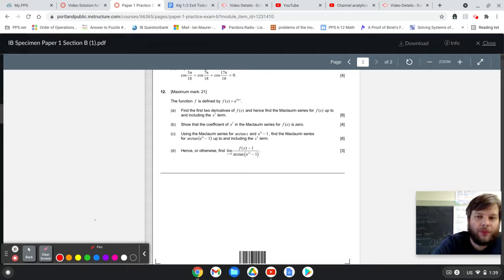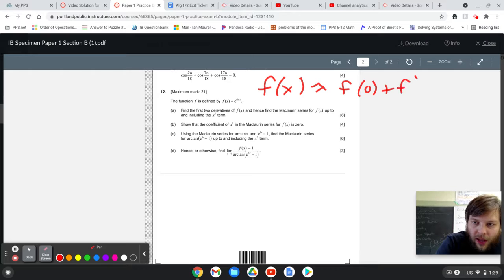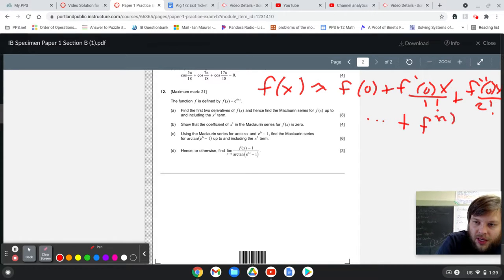The way a Maclaurin series works is that a function can be represented by f of 0 plus f prime of 0 times x over 1 factorial plus f double prime of 0 times x squared over 2 factorial, dot dot dot, and you can continue as many derivatives as you want.